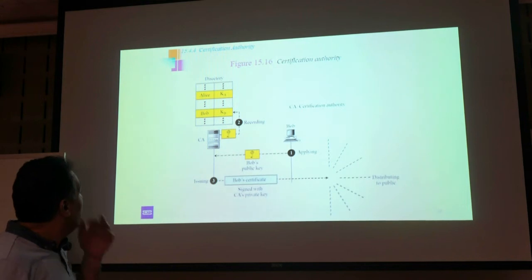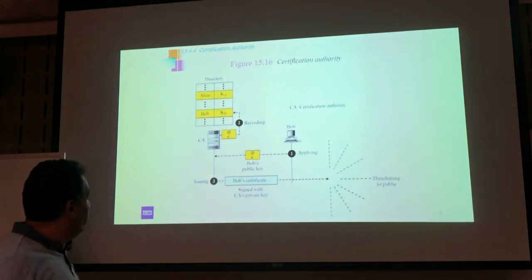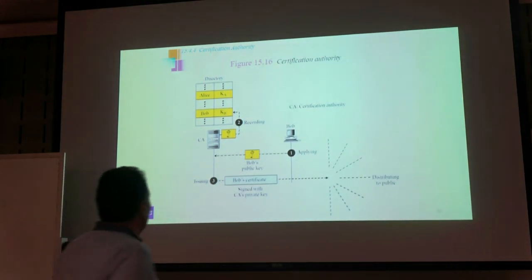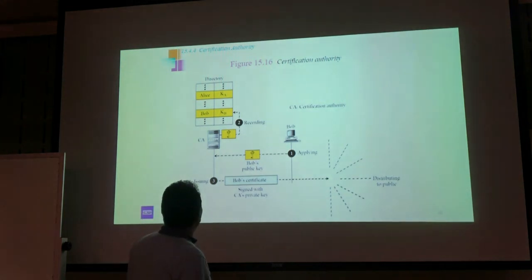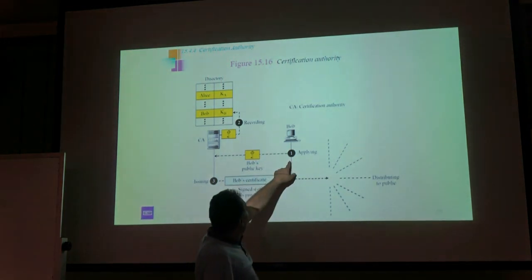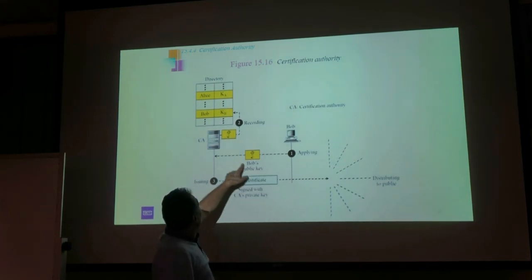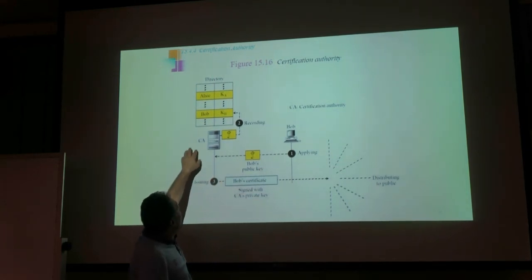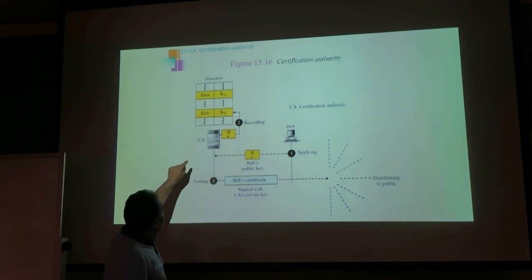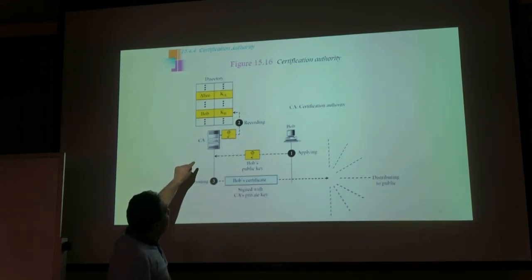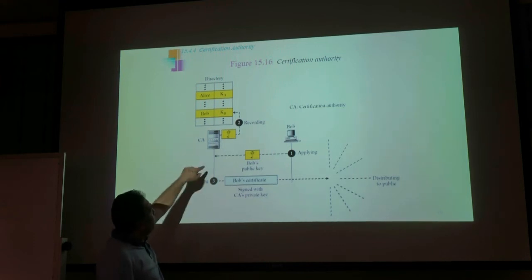So that's the certification authority. That's what it is. Again, what you do here: you apply with your public key, it is sent to the center, and you could revoke it if you need to.